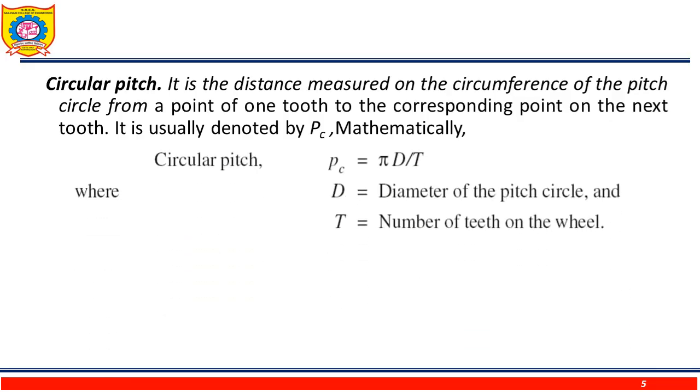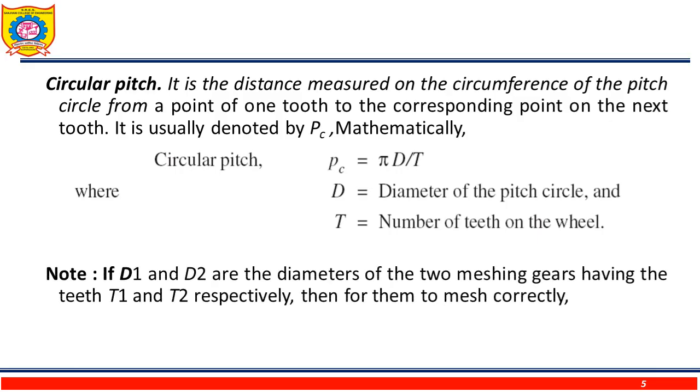Mathematically, circular pitch is given as PC is equal to pi D divided by T, where capital D is the diameter of the pitch circle and T is the number of teeth on the wheel. Note, if D1 and D2 are the diameters of the two meshing gears having teeth T1 and T2 respectively, then for them to mesh correctly, these formulas are to be used.